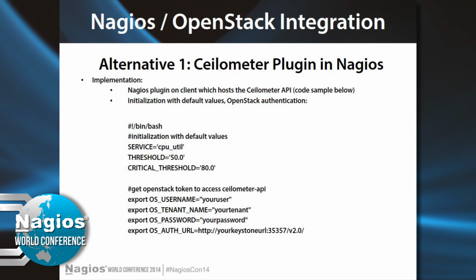Well, how is this Ceilometer plugin implemented? It's a Nagios plugin on the client that hosts the Ceilometer API. You can install a normal shell script. What's required for that shell script? You have to get access to OpenStack so you can query Ceilometer and the OpenStack API: you have to provide a username, tenant name, password, and the authentication URL.